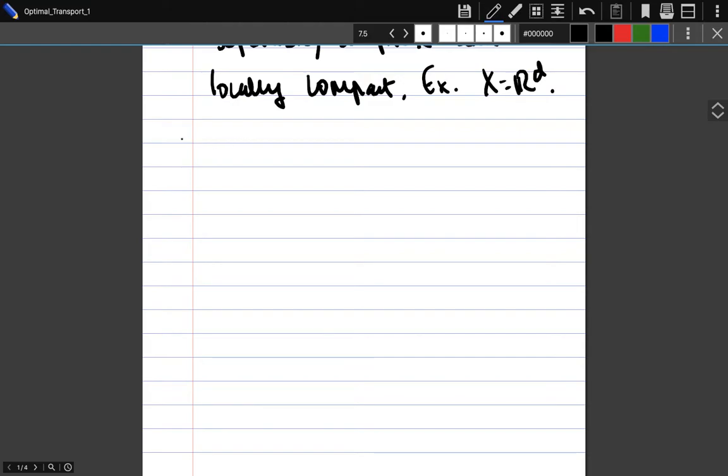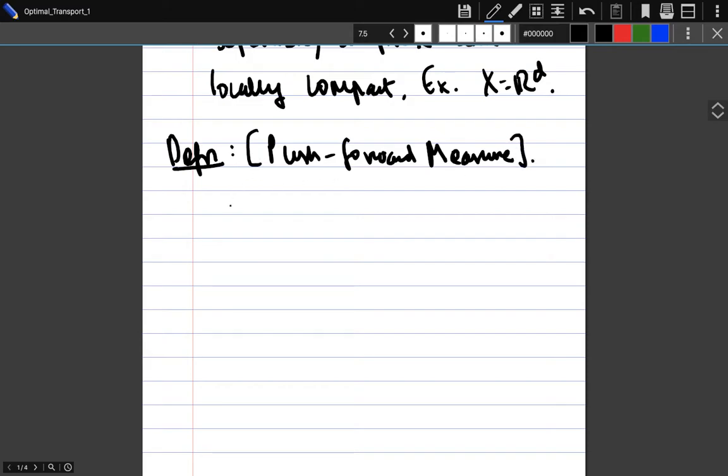Now with this, we can have a first definition, at least. The object that we'll define is called the push forward measure. The ingredients to construct this object are just two things.